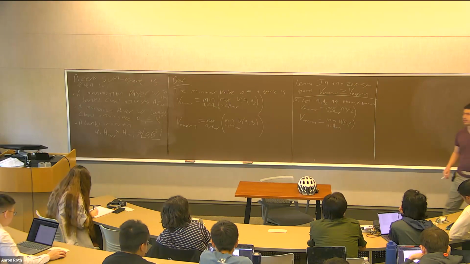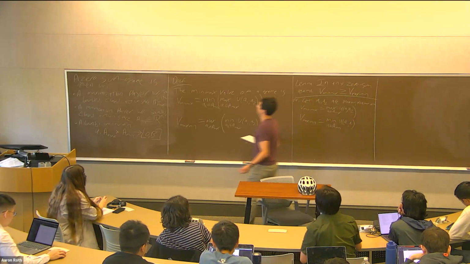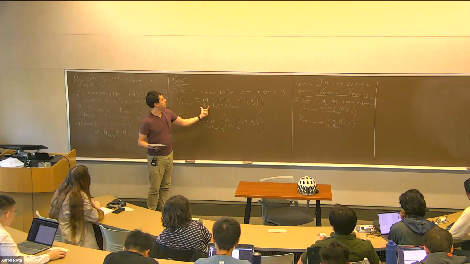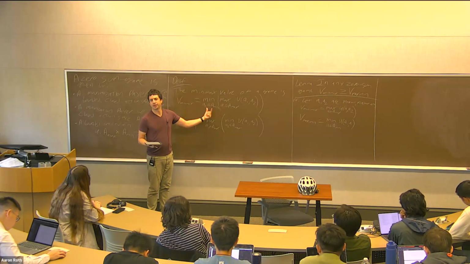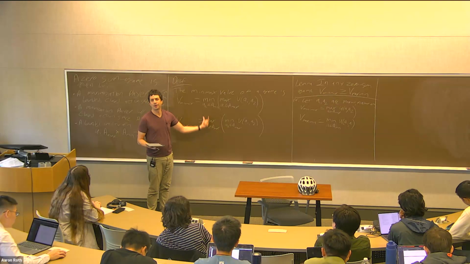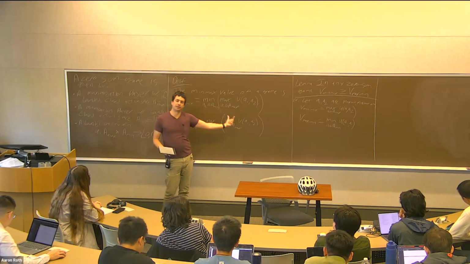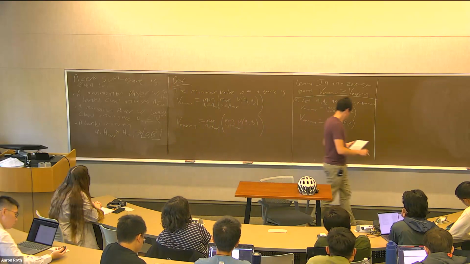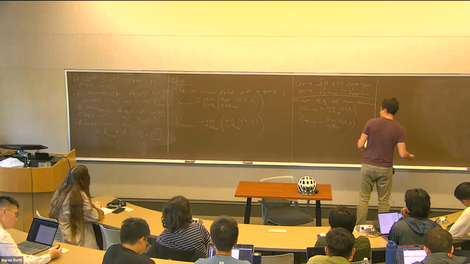Right, we're just saying the way we compute the minimax value and the maximin value, given that one of the players has already committed to a solution to the outer optimization problem, is just to solve the inner optimization problem.